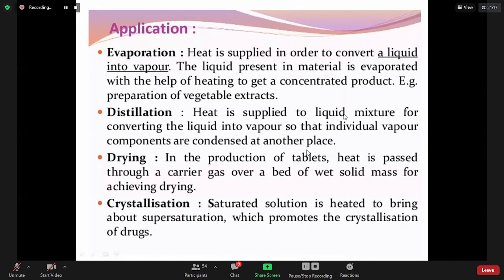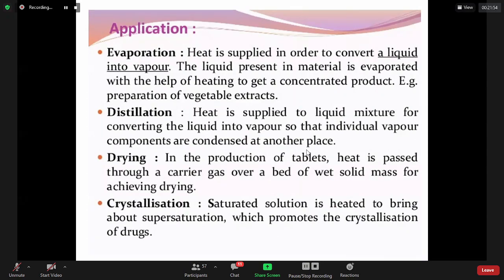Now, in distillation, heat is supplied to a liquid mixture for converting the liquid into vapor, so that individual vapor components are condensed at another place. If you want, for example, to get 96% alcohol, you have to heat so that you remove the ethanol, which boils at 76 first.